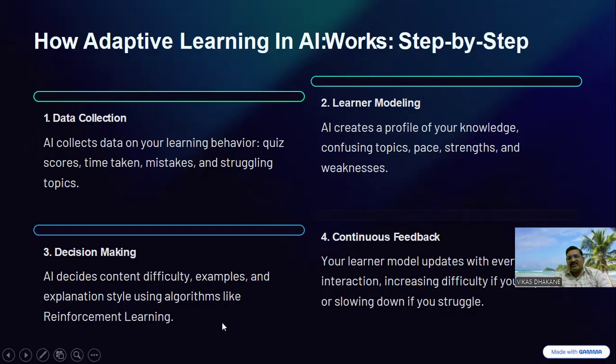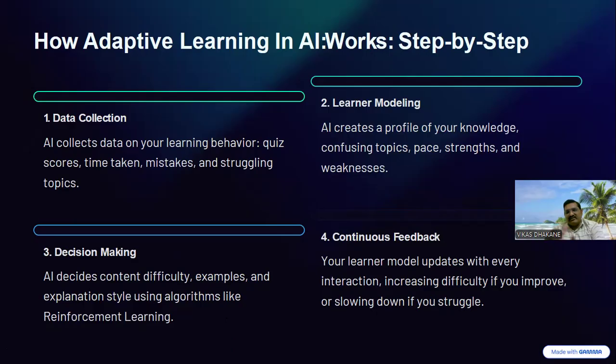Reinforcement learning is nothing but what? On the basis of your previous performance, the system decides what kind of delivery of information or what kind of teaching you need in the future, what kind of question you can solve in the future.